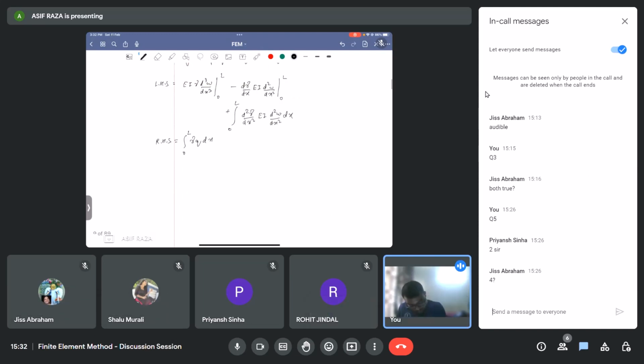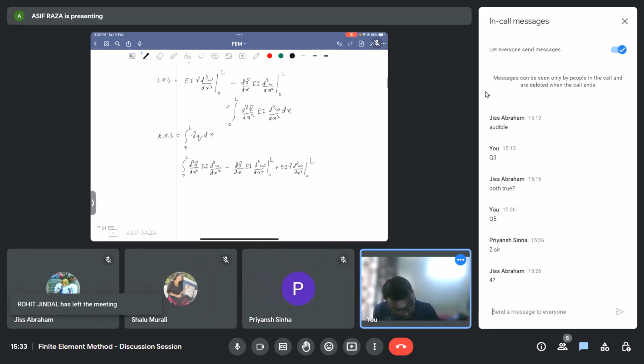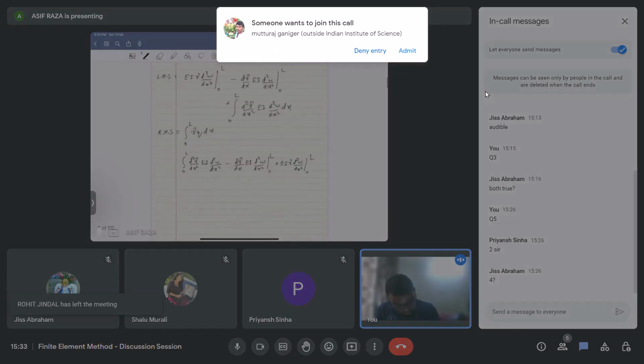Okay, so our total weak form becomes, if I can write it properly, integral from 0 to L of d2 gamma by dx square EI d2w by dx square dx, minus d gamma by dx EI d2w by dx square from 0 to L, plus EI gamma d cube w by dx cube from 0 to L, and the right hand side is equal to integral from 0 to L of gamma Q dx.